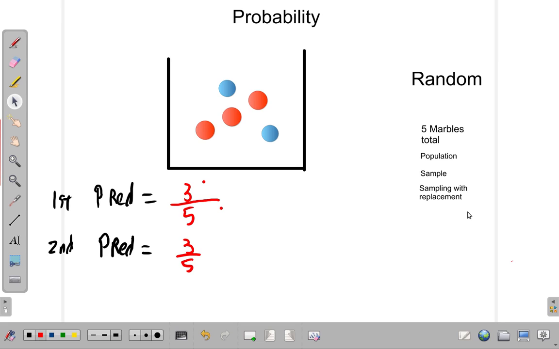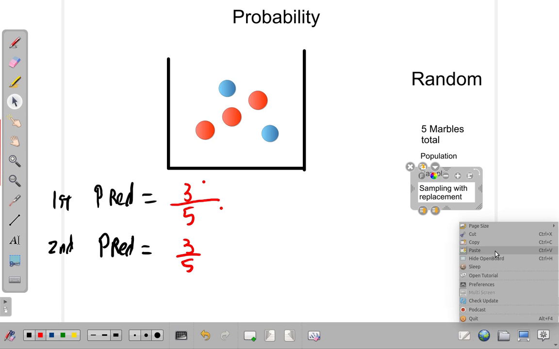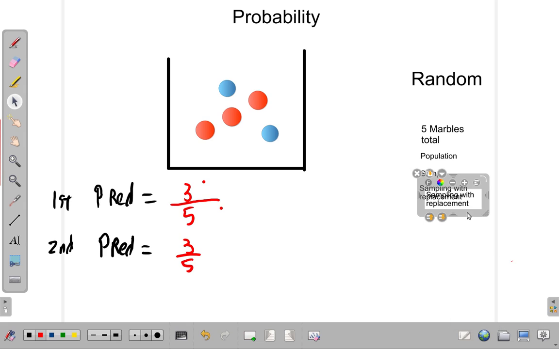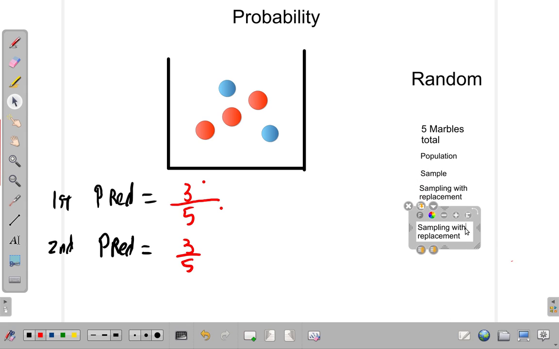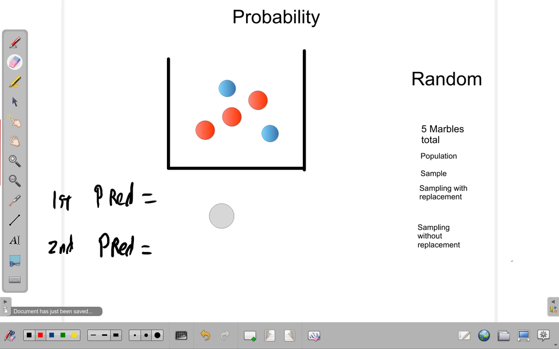Now, I want you to do a little thing for me. The next pick is going to be sampling without replacement. Let me copy this and paste it here, and change this and put OUT, without replacement. I want you to do a little calculation for me.